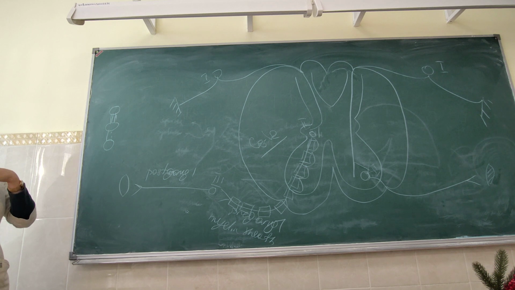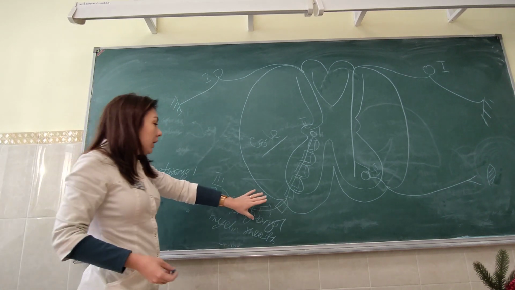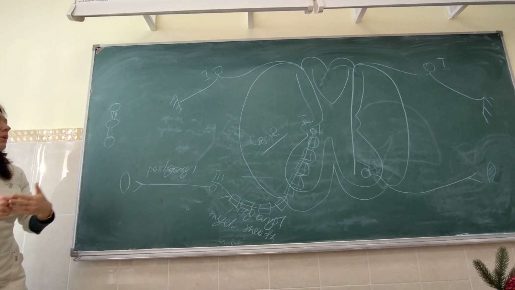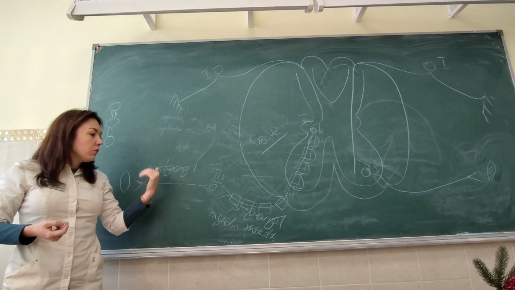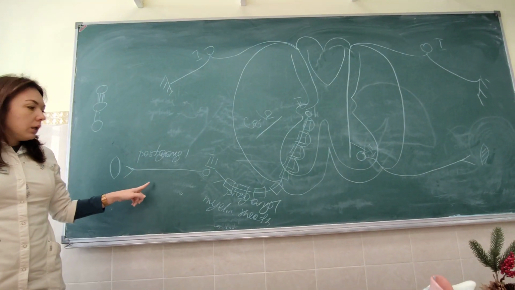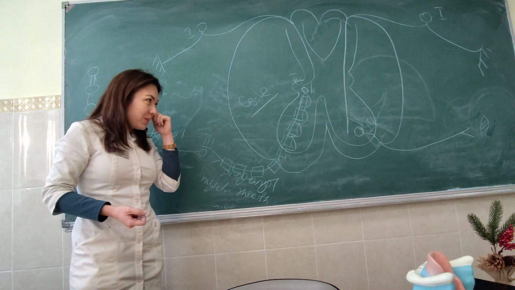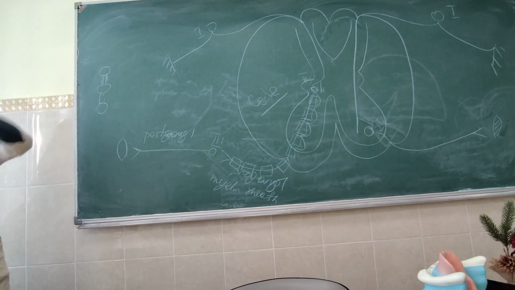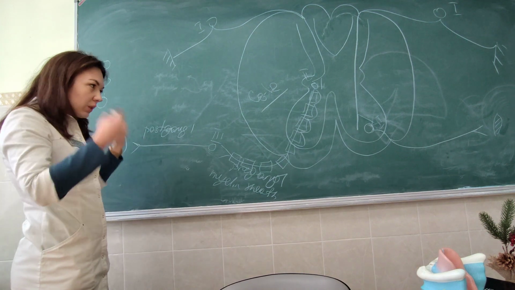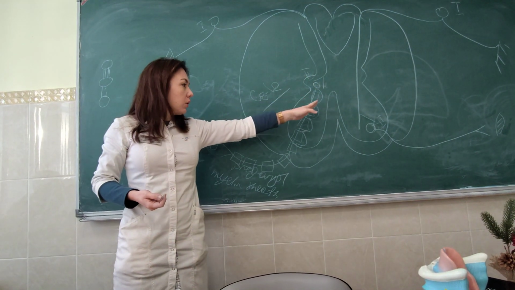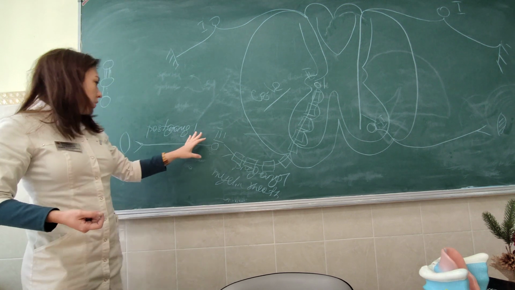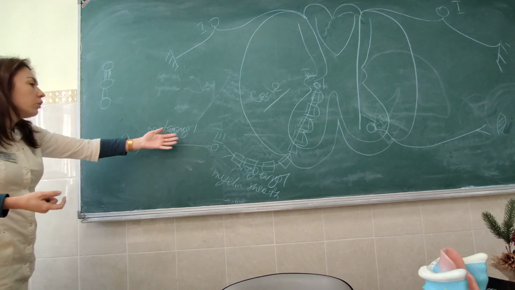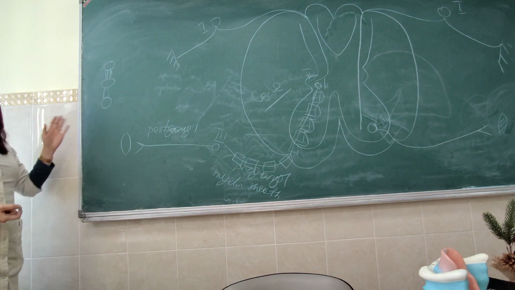There is one question to which I can never find an answer. Preganglionic fibers are myelinated, yes? Postganglionic fibers are non-myelinated. The speed of impulse conduction along postganglionic fibers is slower than along preganglionic. Yes, it's true. What I don't understand is that we need a much faster reaction in case of sympathetic stimulation; we should react very fast. But if we take into consideration that for the sympathetic nervous system preganglionic fibers are much shorter than postganglionic, then nearly the whole way the impulse passes along non-myelinated fibers, so it must be slower, yes?